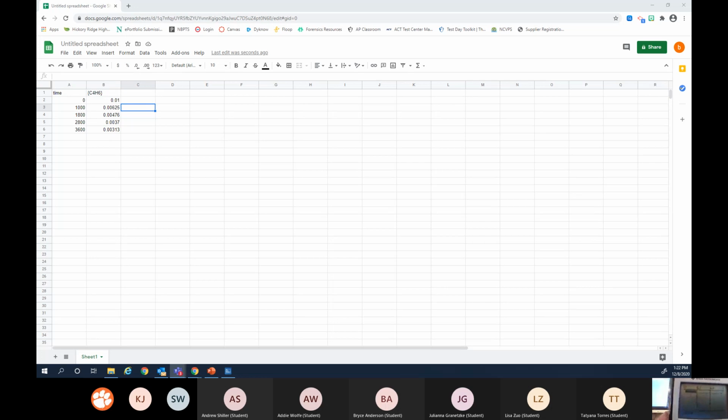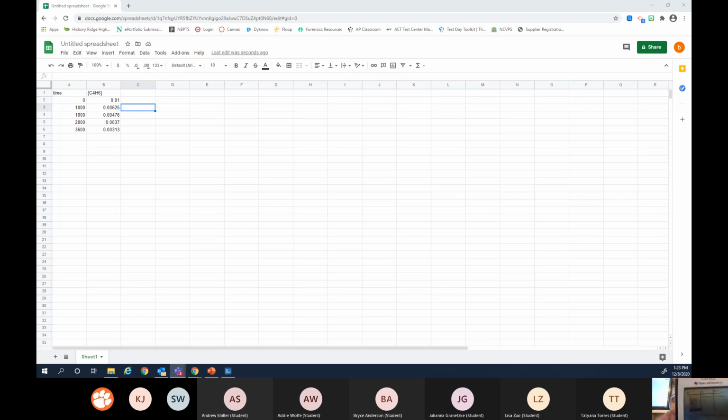Where it says L1, that first list, is where we can put our first column of data: the 0, the 1,000, 1,800, 2,800, and 3,600.